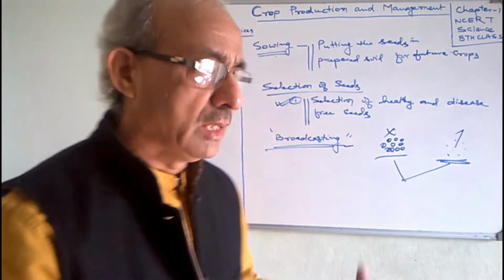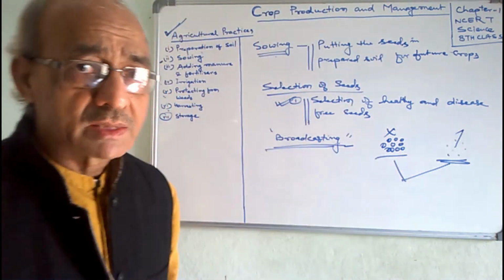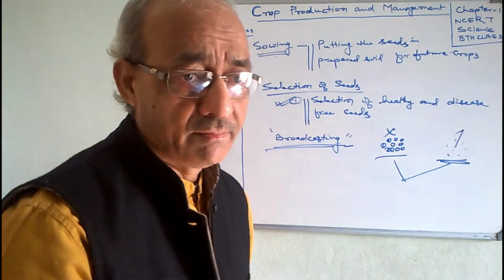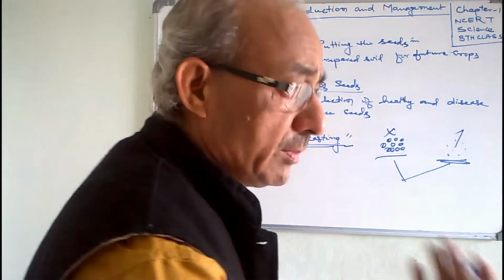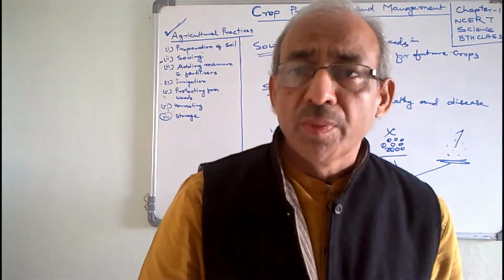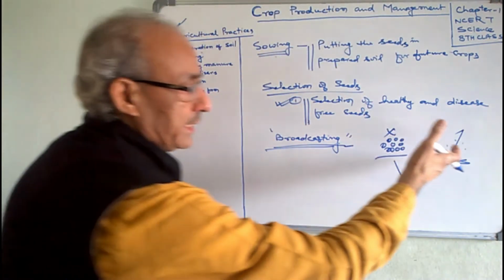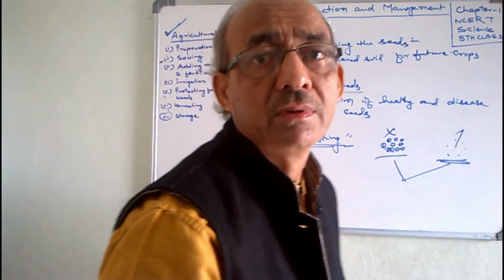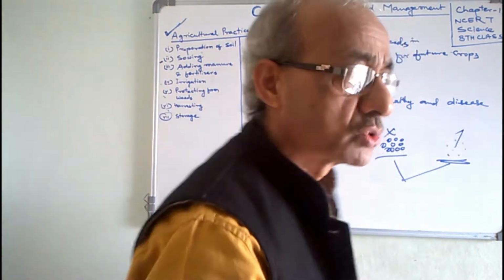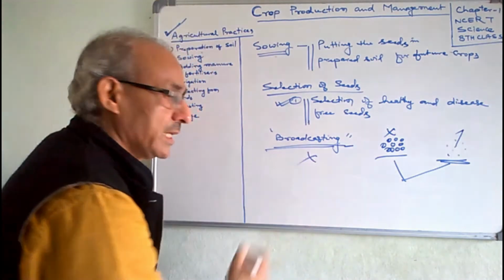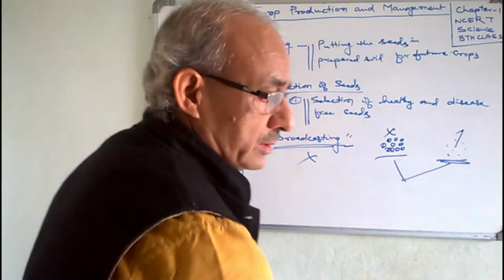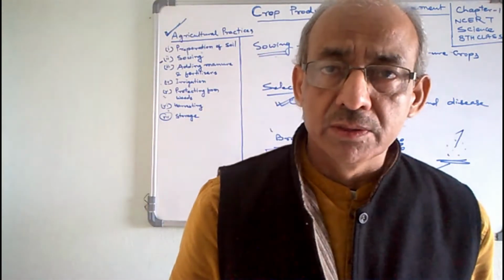Ultimately, where the plants grow overcrowded, the ultimate crop yield is very less. And in the second case, there is wastage of land. So this method has these types of disadvantages.